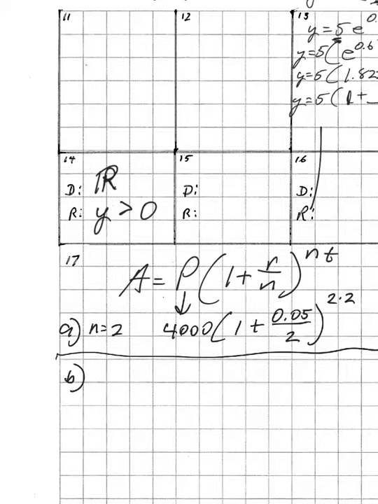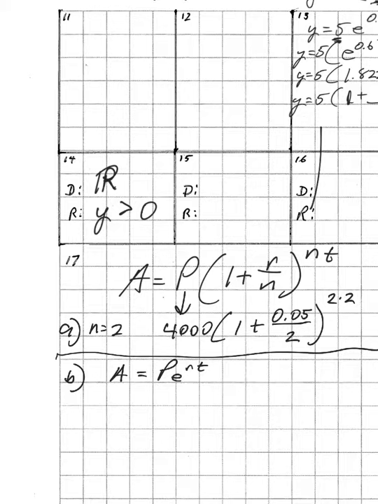A equals P times e to the r t, right? The PERT formula is always continuous. That's a derivative function in calculus that produces that.